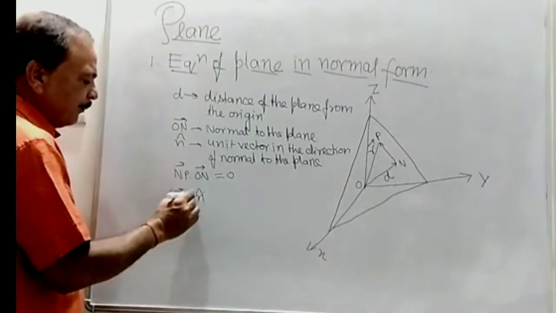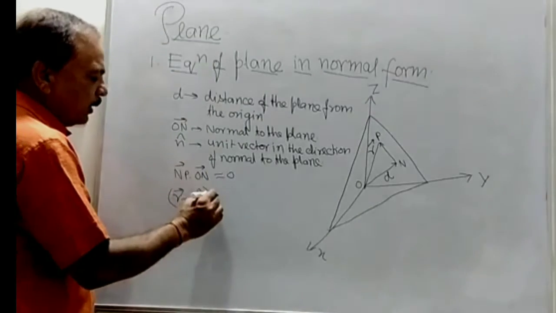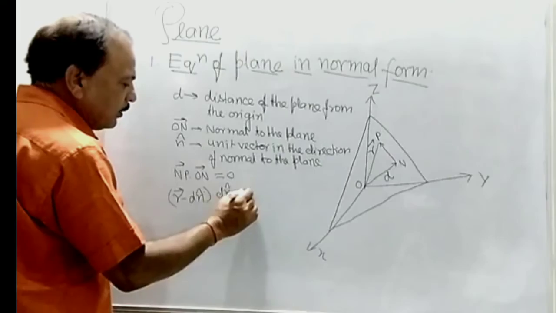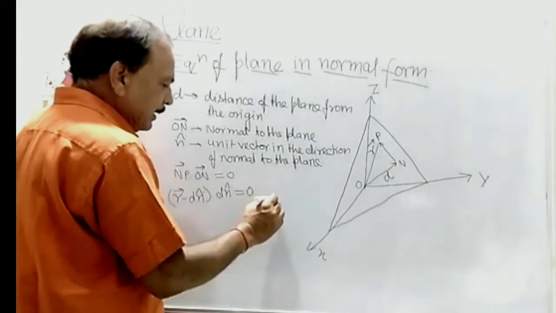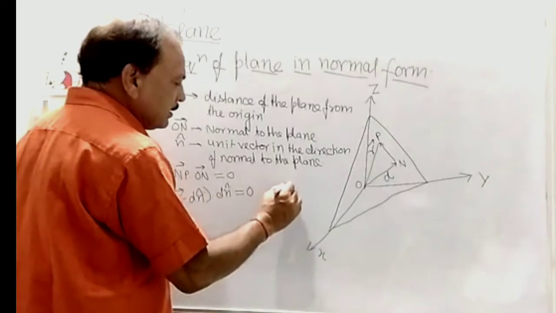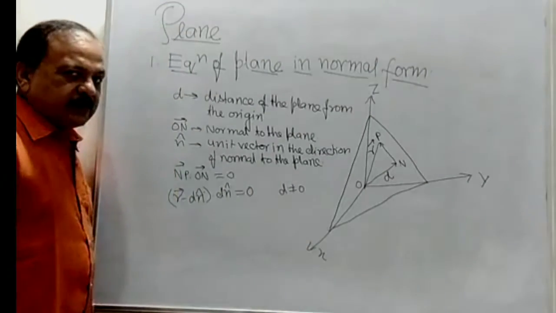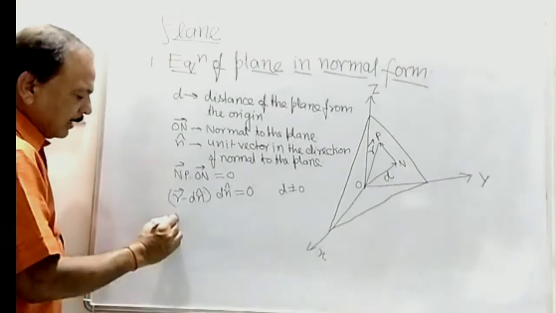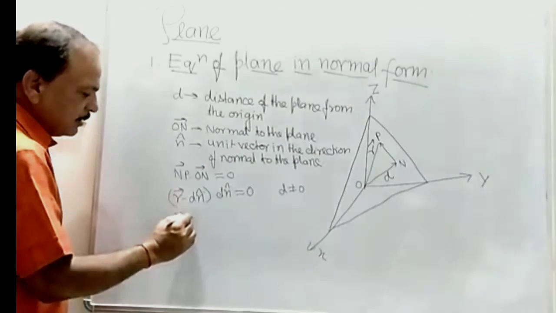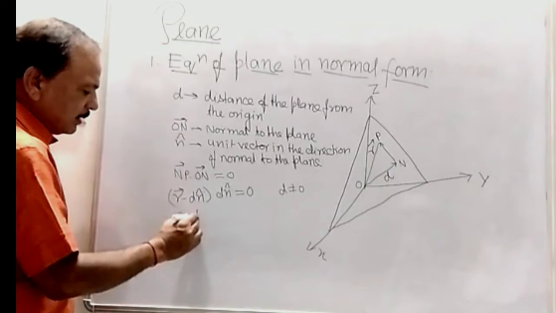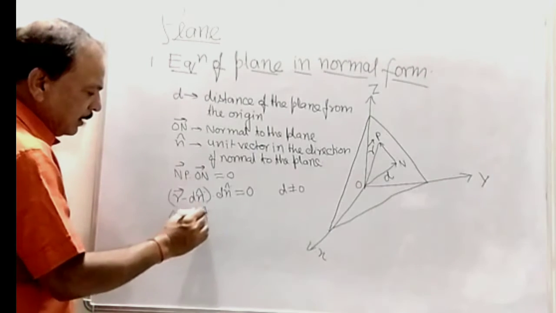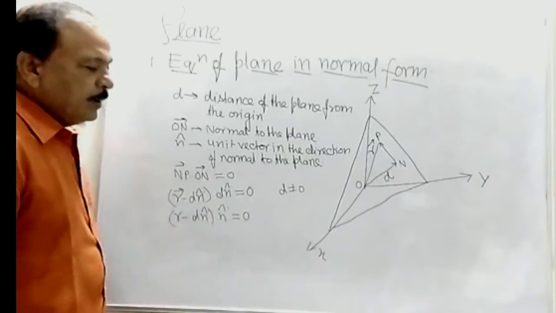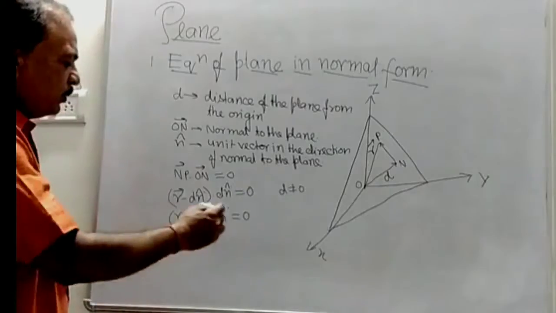So (r minus d n) dot ON, which is d times unit vector n, equals 0. Here d is the distance from the origin and d is not equal to 0, so we can write (r minus d n) dot unit vector n equal to 0, because d is not equal to 0.